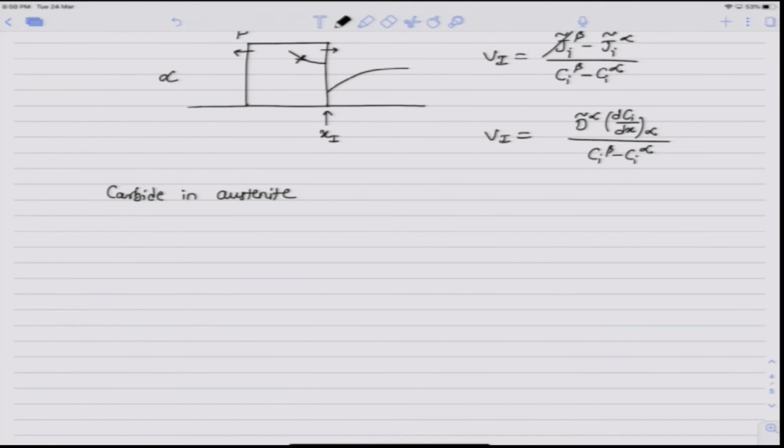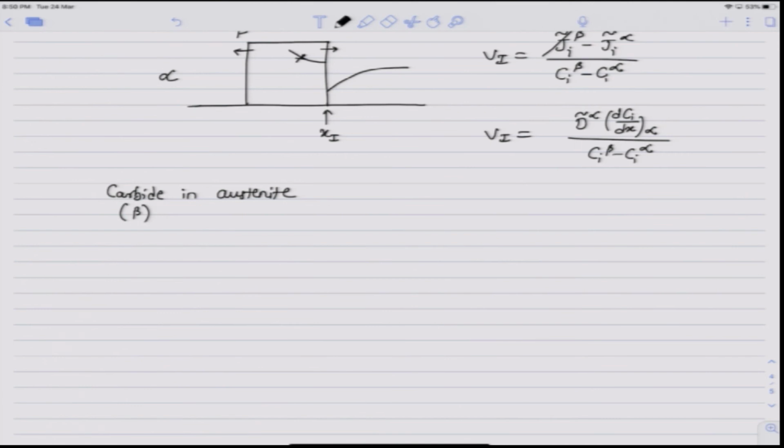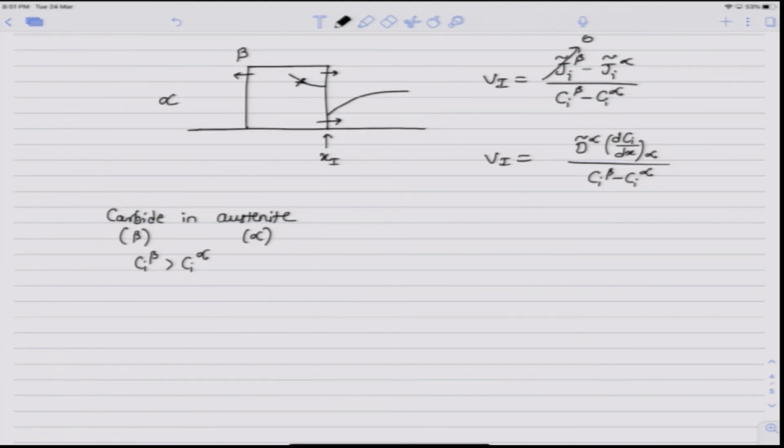Let us say carbide is beta, austenite is alpha. So, the precipitate concentration C_i^β would be greater than the matrix concentration C_i^α. Since the carbide has to grow, this interface has to move from left to right, that is from the precipitate side into the matrix, which means V_i has to be positive.